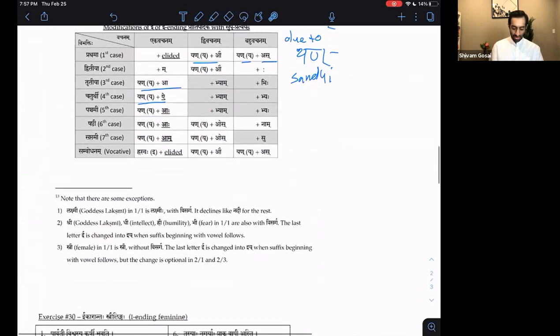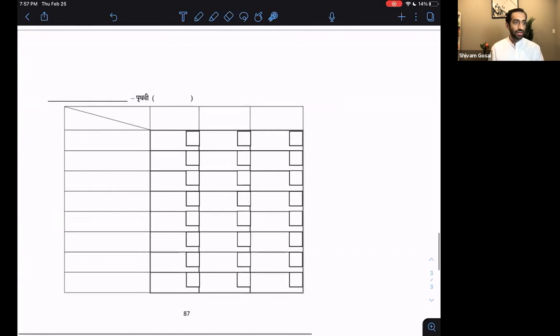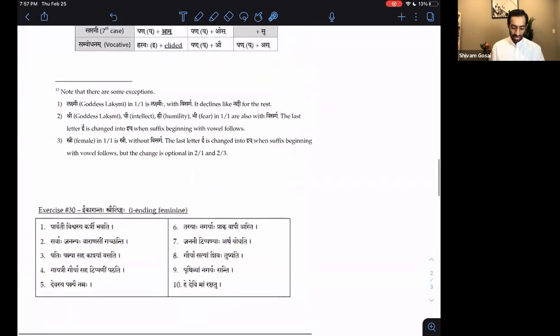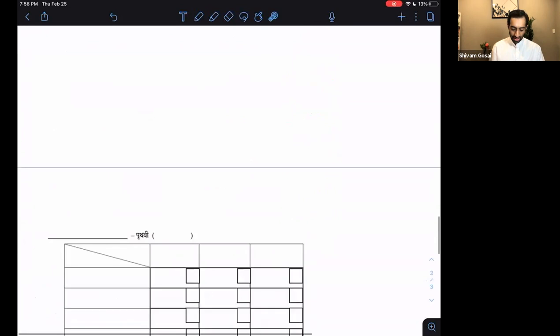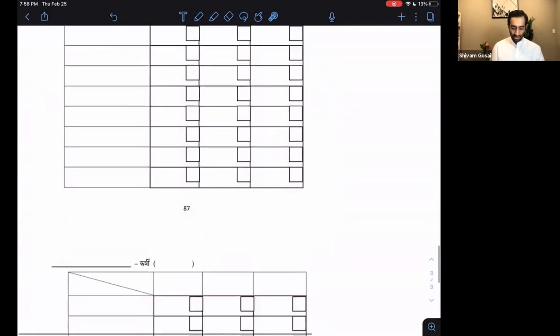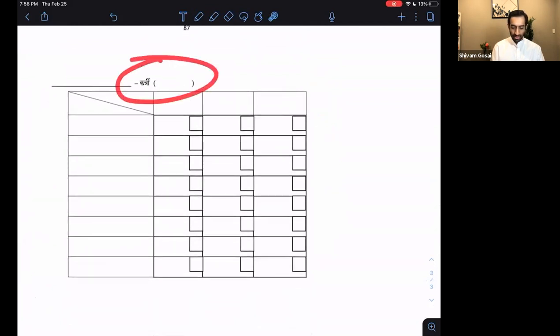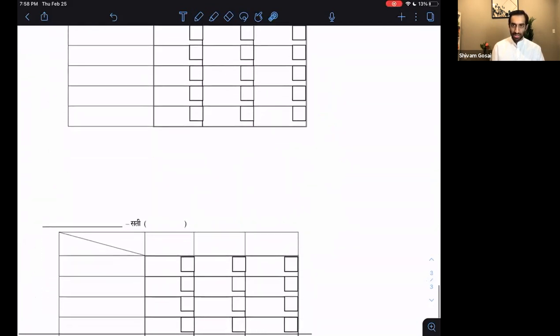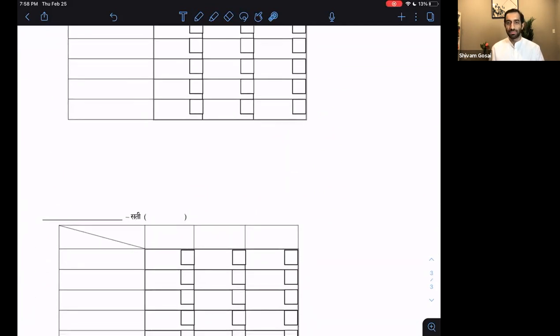What the homework will be is in the workbook. In my workbook it's page 87. I'm not sure what page it is for you, but you have these, just like what we were seeing, this ikaranta strilinga, you'll see all of these words. So you'll see Prithvi on page 87, Kartri, and you can do the declension. If you don't have this workbook, then just pick up 3 of them and you don't need these fancy boxes, you just make lines.